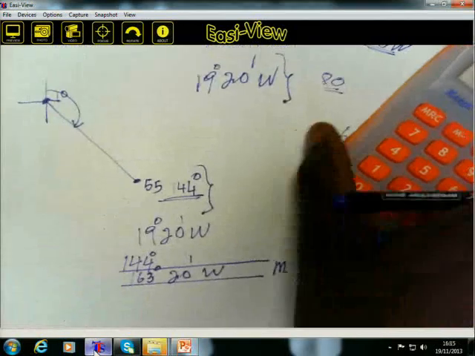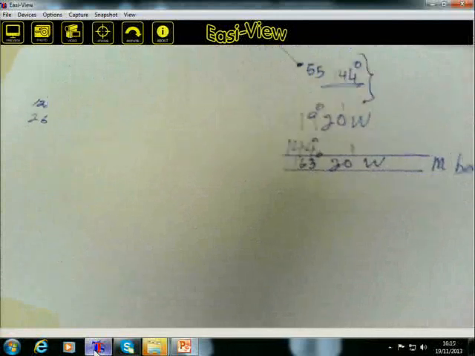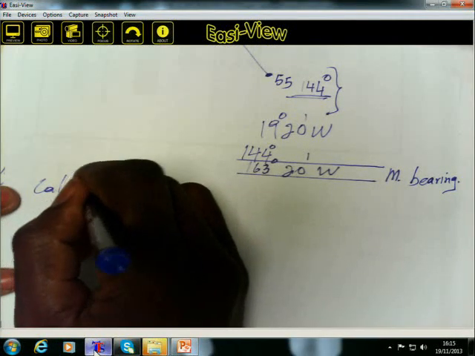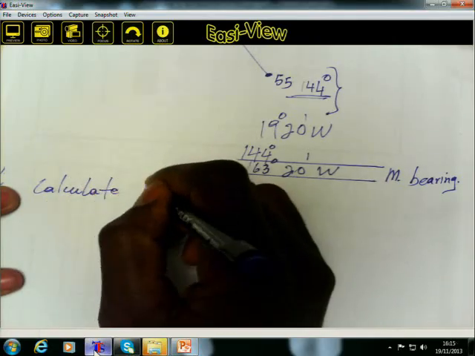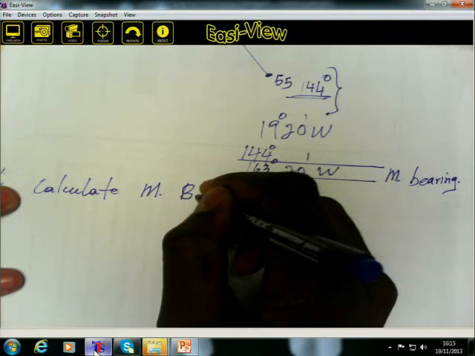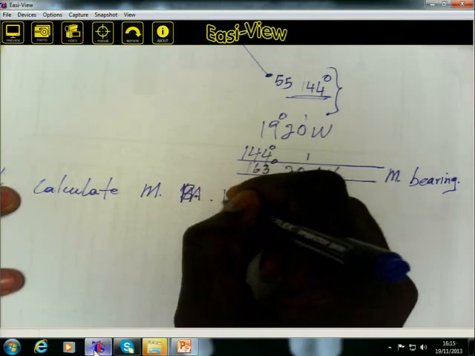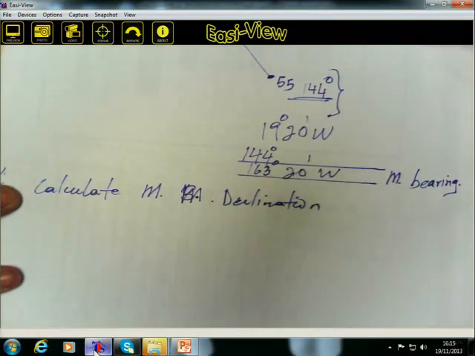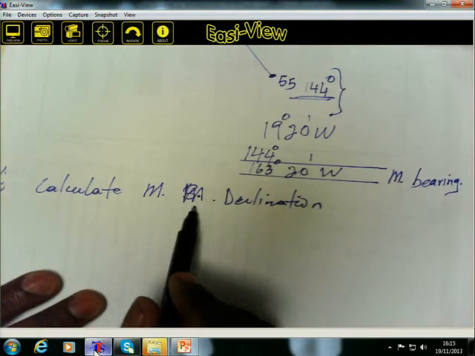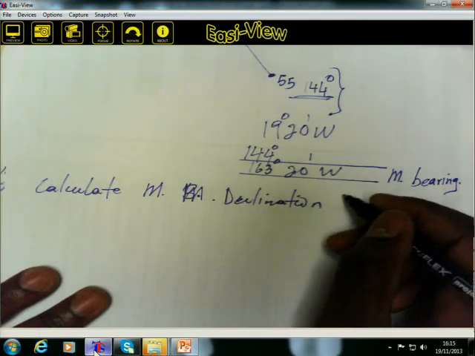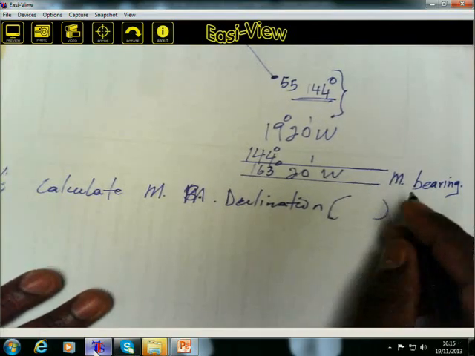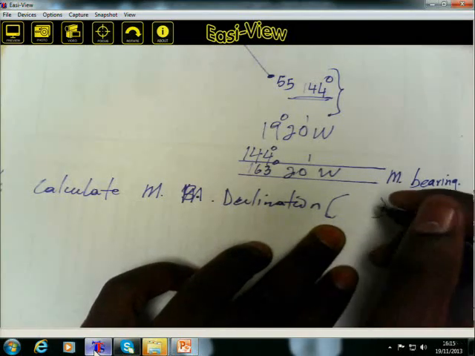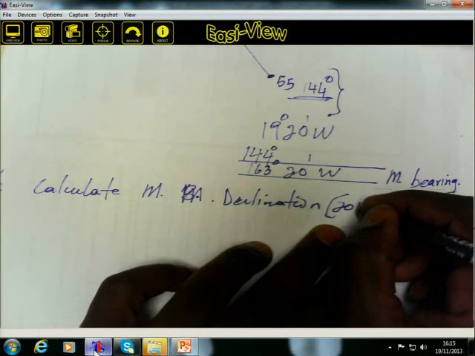All I want to emphasize while I'm still on bearing: if you get a clean question that says calculate magnetic bearing, mean magnetic declination, without giving you a year per se, you don't have to panic, because you know that we use the current year, which will be 2013.